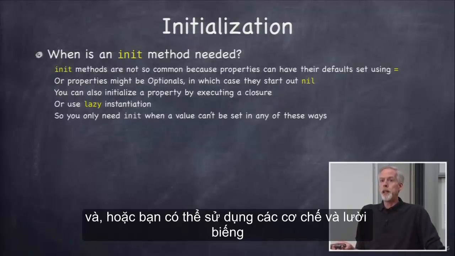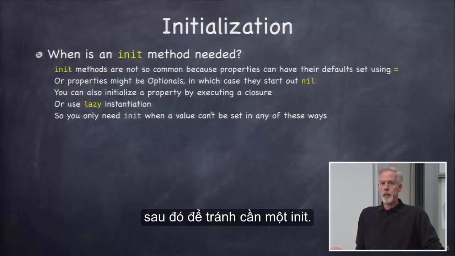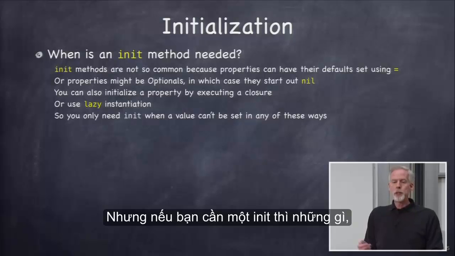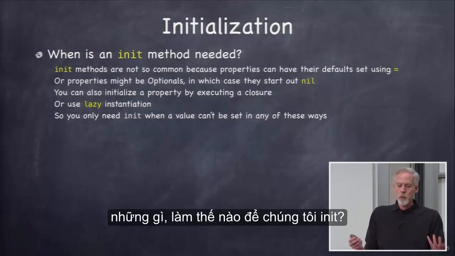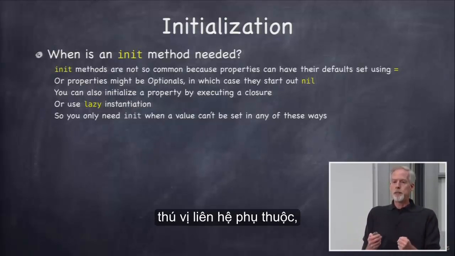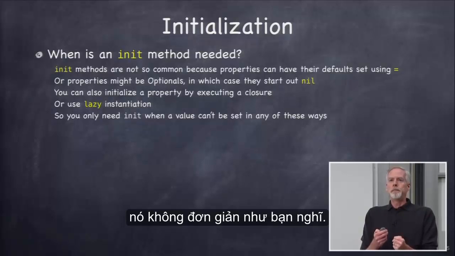Or you could just use the lazy mechanism to avoid needing an init. So there's a lot of ways to avoid init. But if you do need an init, how do we do init? Because init has some interesting interdependencies. It's not as straightforward as you might think.